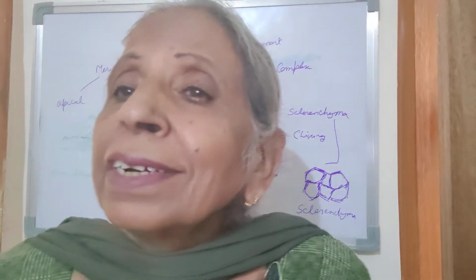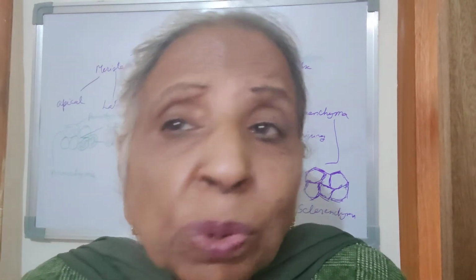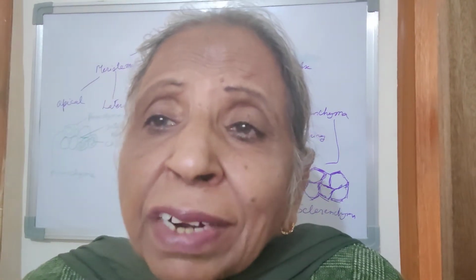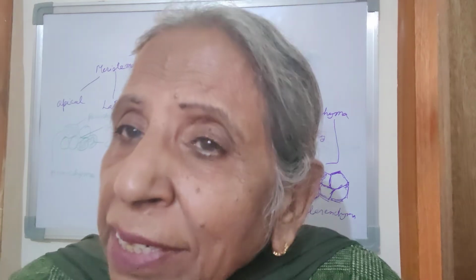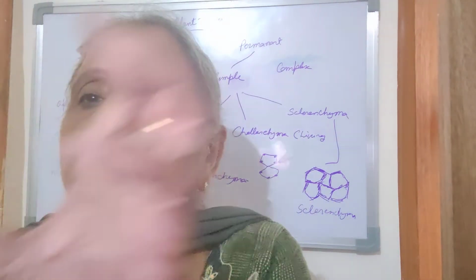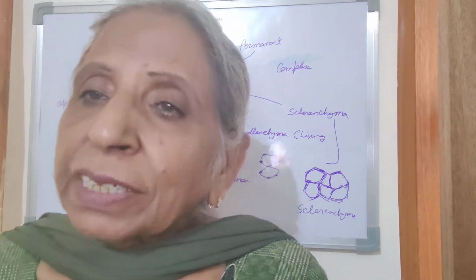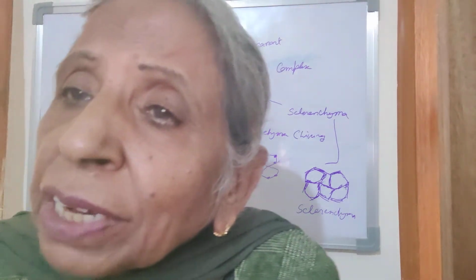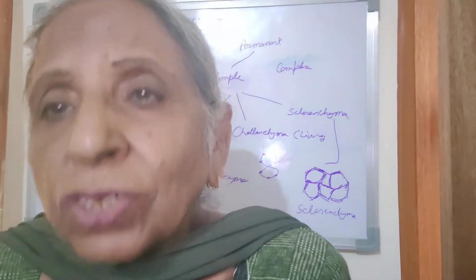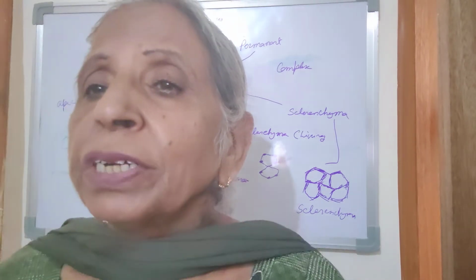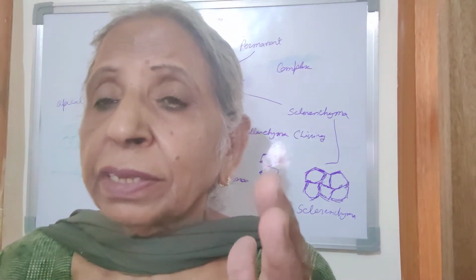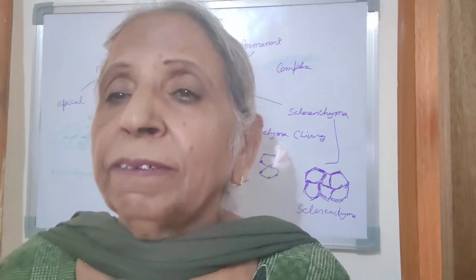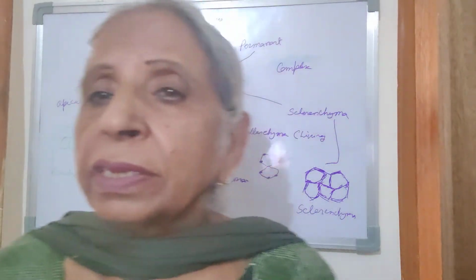They are present in coconut fibers, which are very hard. The outer layer of the coconut is very hard. Seed coats are also very hard, and they are present there. So they provide strength and a protective layer. So this is all about sclerenchyma.